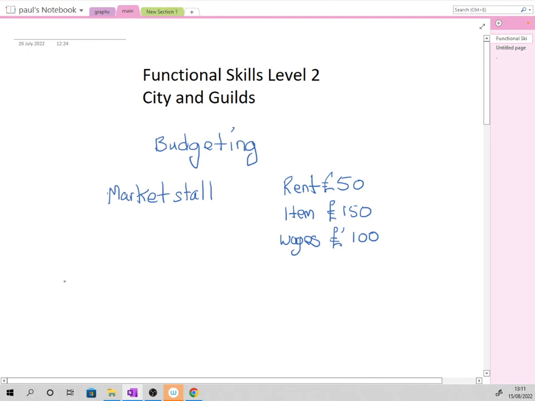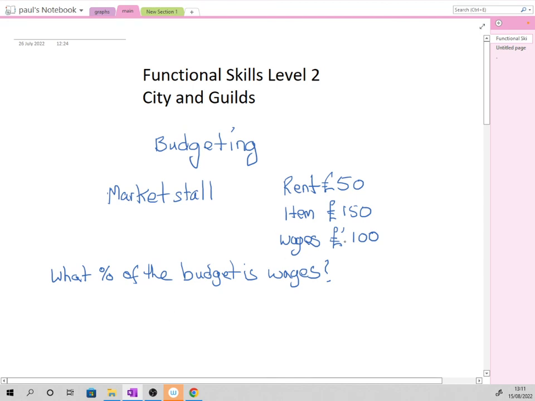Now we could get questions like: what percentage of the budget is the wages? The wages, yeah. Right, so you need to find out the percentage of this.